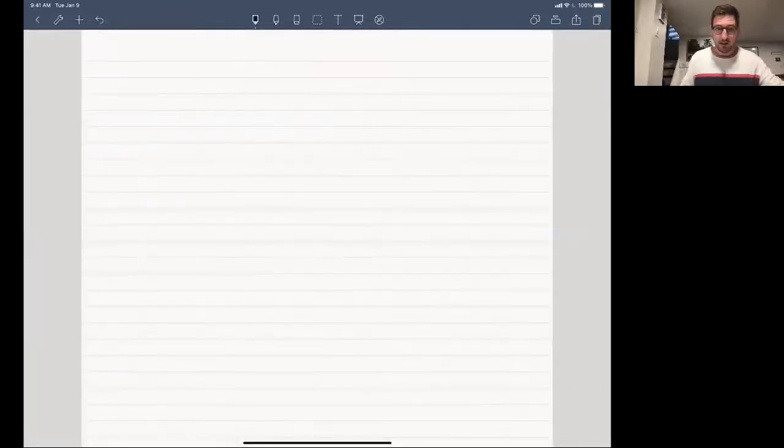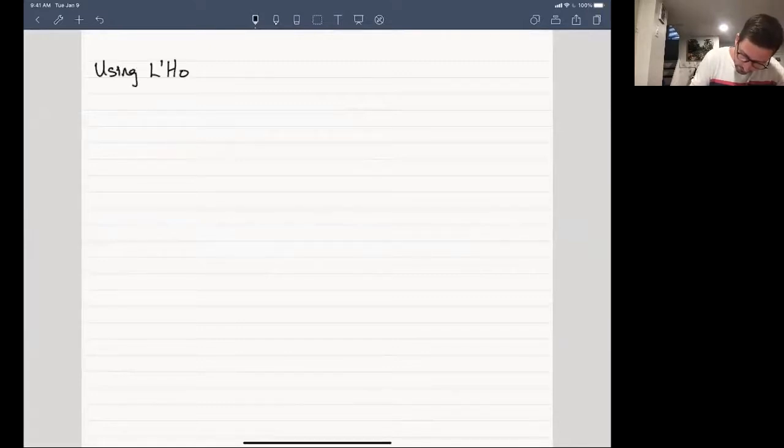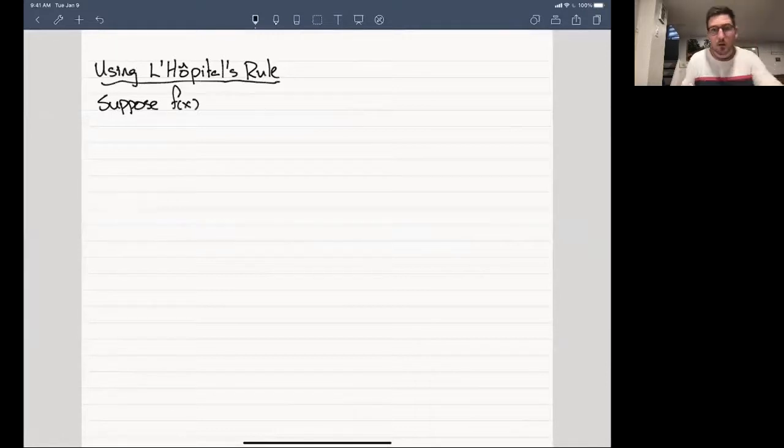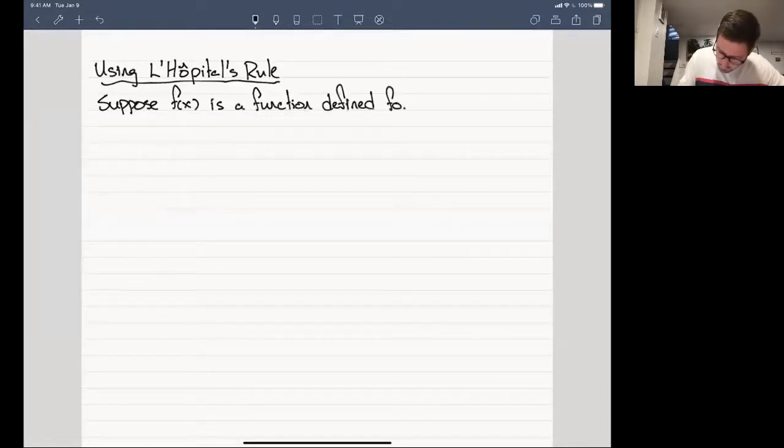Okay, let's do this. So let's say, using L'Hopital's rule, suppose f of x is a function defined for all x greater than n0.